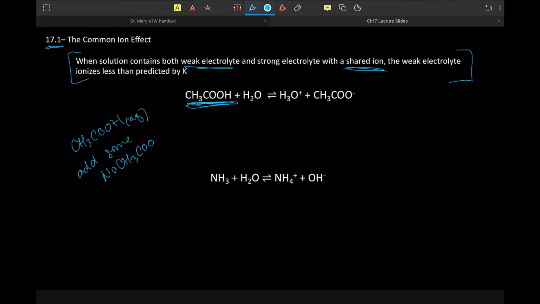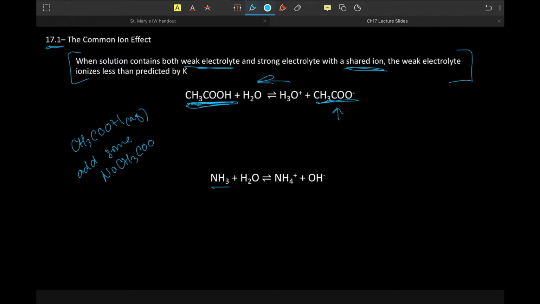What that really means is we are increasing the amount of acetate ion, which, if we think about what Le Chatelier says, means the system at equilibrium will shift in that direction, meaning that less of that acetic acid will dissociate than is predicted by its Ka value.